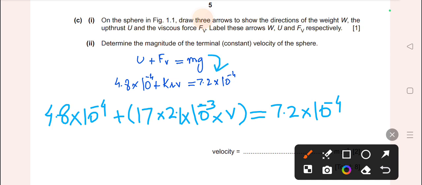The value of upthrust is given. The drag force is given by this formula KRV, where the value of K is 17, radius we have already used, and V is the speed we have to actually calculate. Now this is equal to weight, which is already given, right? So by solving this we can find the value of V.